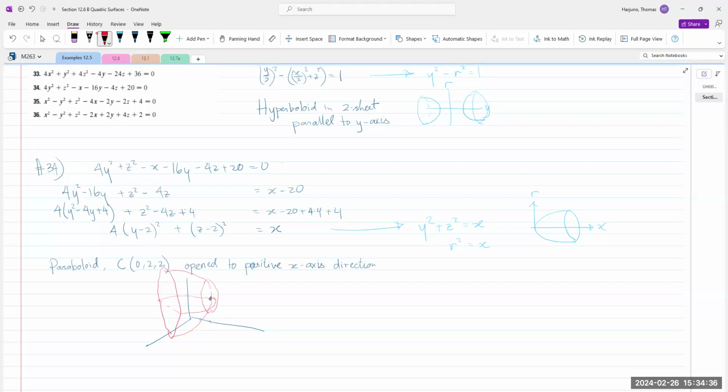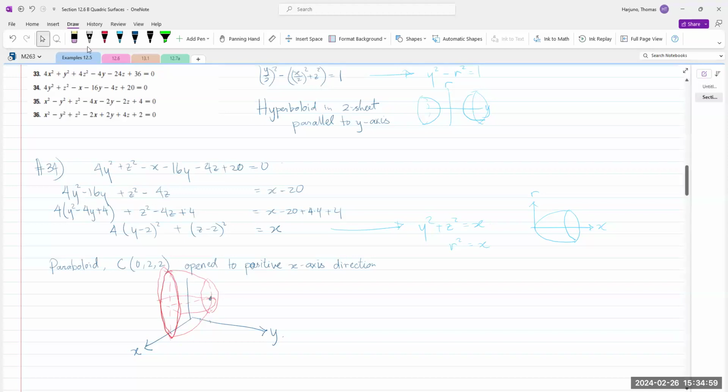Yeah, it opens in the positive x direction. Now the vertex is (0, 2, 2) though.